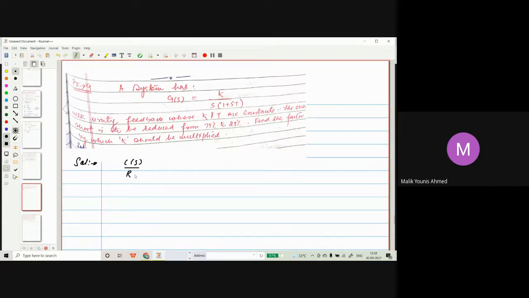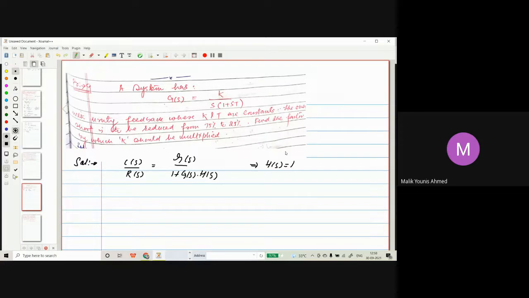C of S by R of S is, we know that formula we have to use because this is an open loop transfer function. You have to identify that now. H of S is 1 here. Given H of S is 1. Okay, so this we already know.